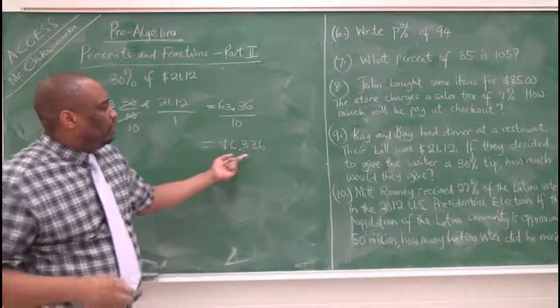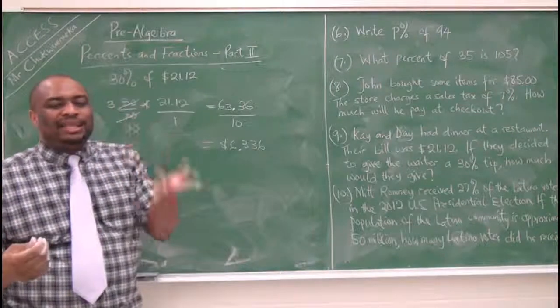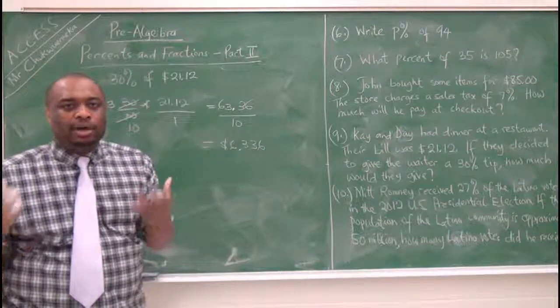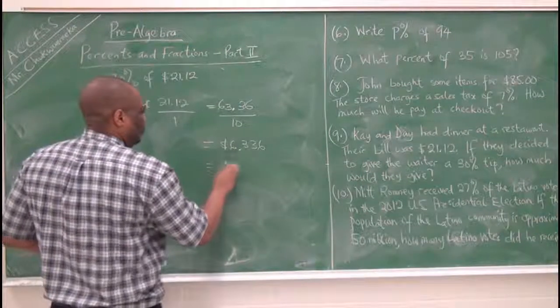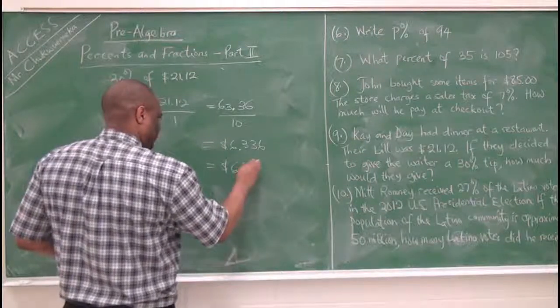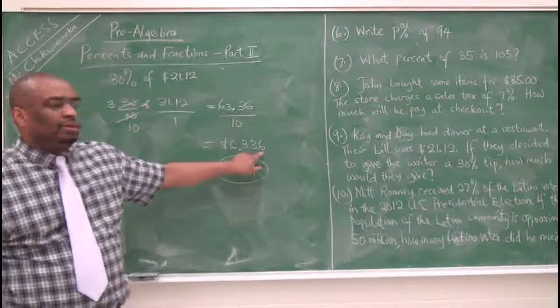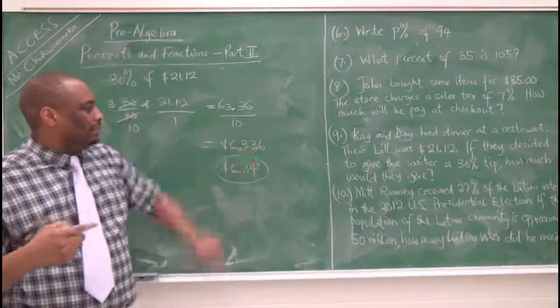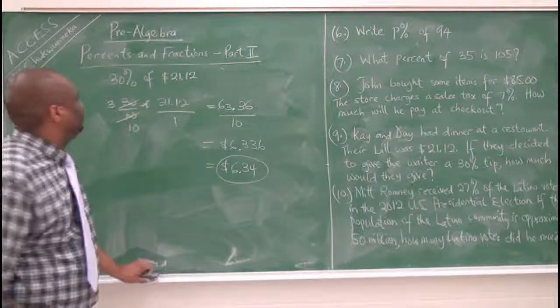Now, because we are dealing with dollars and cents, the cents we have to round to the nearest hundredth. That's to 2 decimal places. So they will give the tip of $6.34. Because this is 6, and when you round it up, you add 1 to this to give you 4. $6.34.